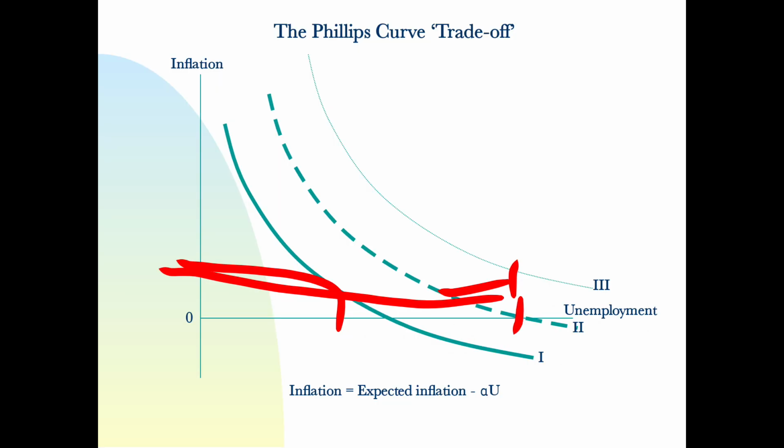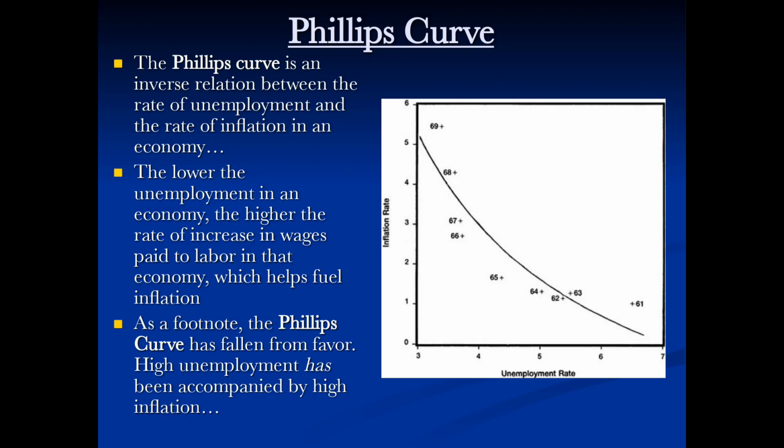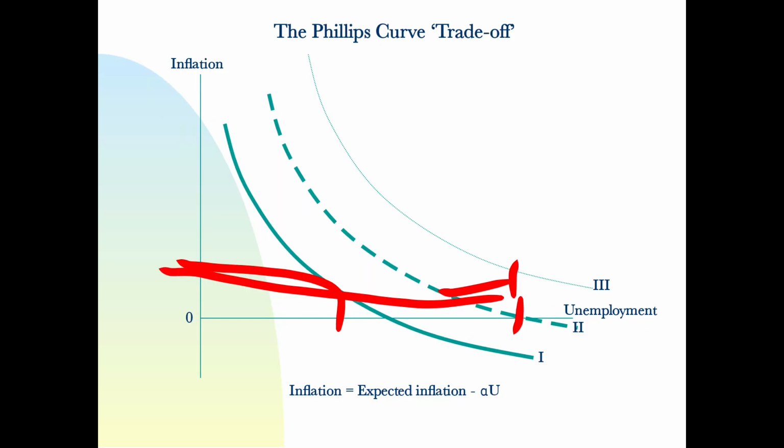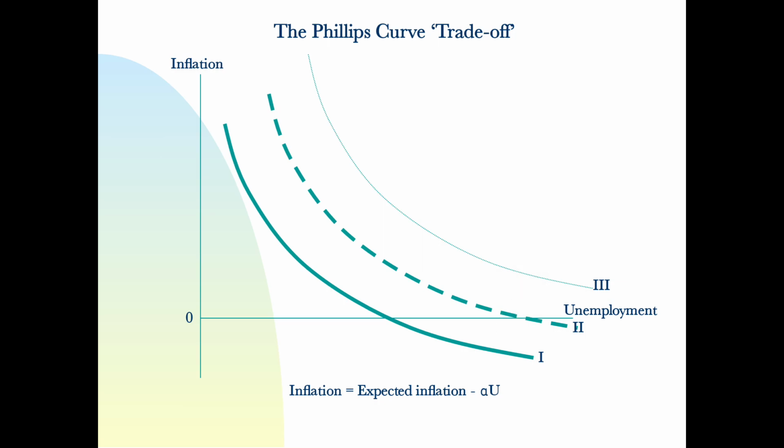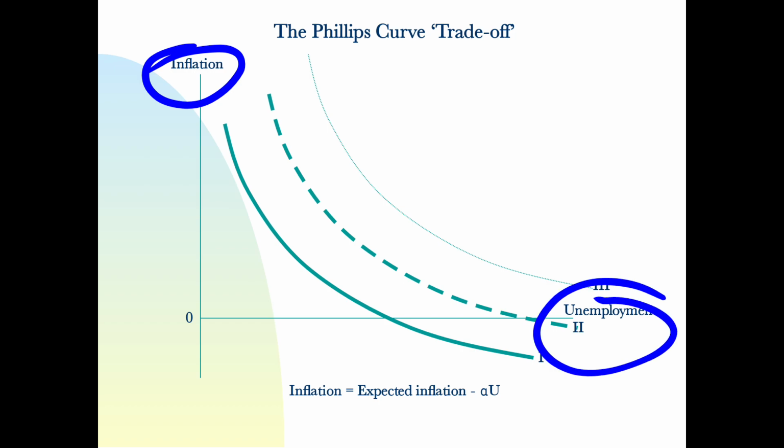This is the curve of Phillips. The short run Phillips curve is an inverse and non-linear relationship between these two variables, charting the inflation rate and the unemployment rate.